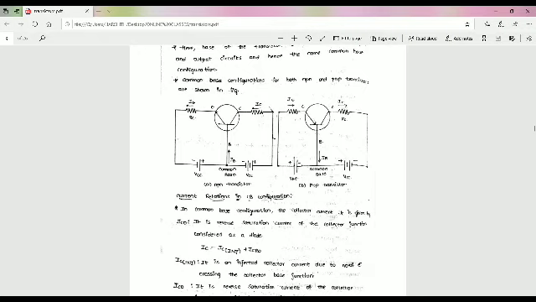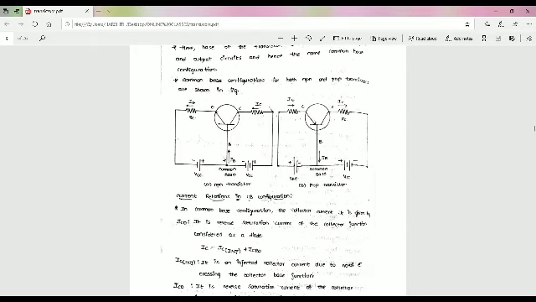In this diagram, the input is applied between the emitter and base. This is the emitter and this is the base. Input is applied between the emitter and base and output is taken from collector to base.